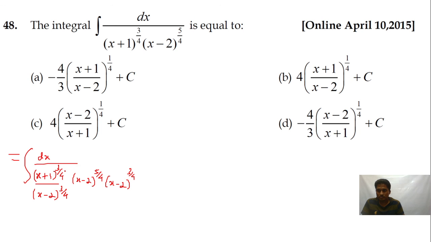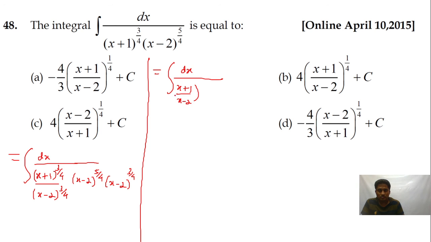Okay, so this can be written as integration dx divided by x plus 1 divided by x minus 2, okay, whole to the power of 3 by 4 into this is x minus 2 whole square. Yes, whole square. Powers are added, 5 by 4 plus 3 by 4.